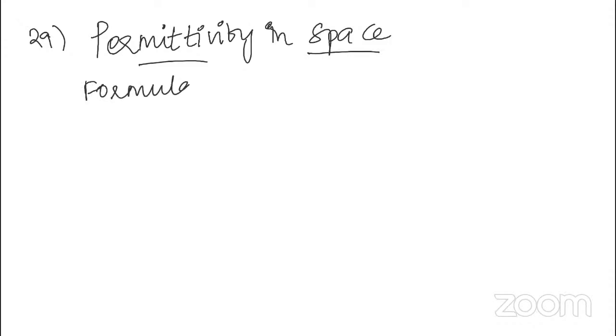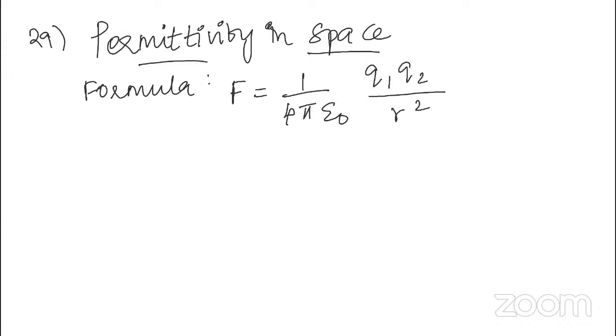from the formula, that is F is equal to 1 by 4 pi epsilon naught into Q1 Q2 by R square. Okay. Here permittivity is represented by the symbol epsilon naught.